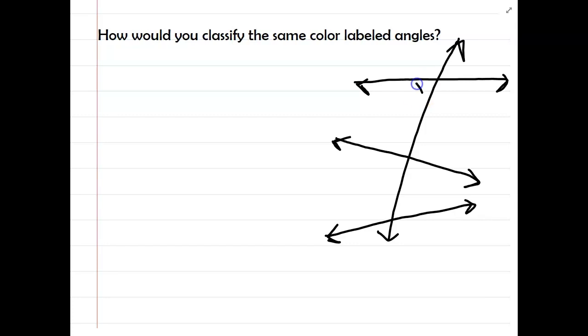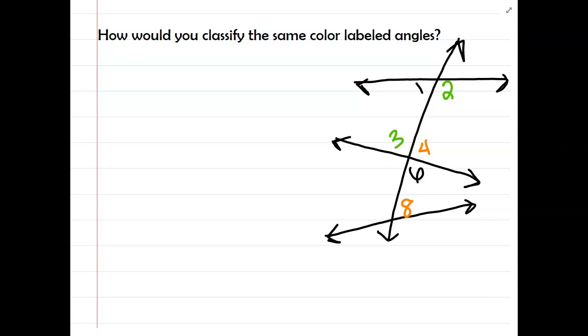So the first ones, we'll do angle 1 and angle 6, those 2, okay? We'll just leave those in black. We're not going to classify those, okay? In green, I'm going to label angle 2, and then this in the middle here, this top left side is going to be angle 3. And then I'm going to do in orange, angle 4 right there, and then that bottom right is going to be angle 8.